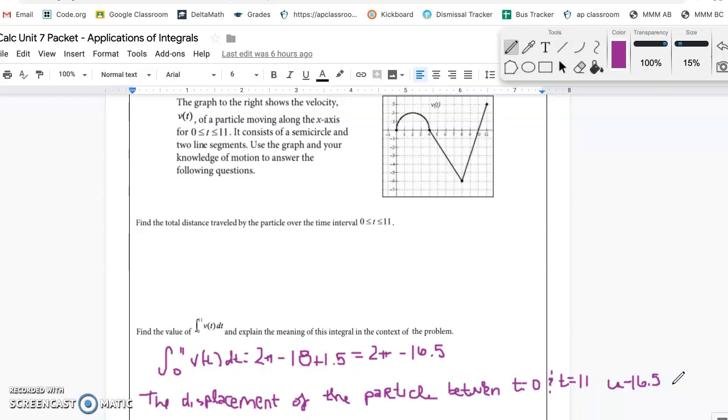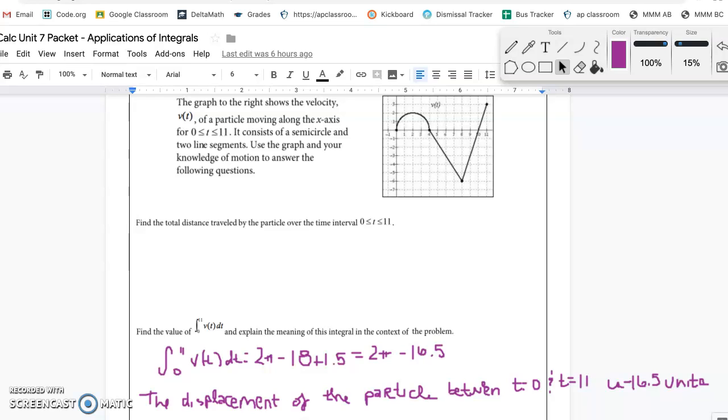We don't know units, so I'm just going to say units. So the displacement of the particle between t equals 0 and t equals 11 is negative 16.5 units.